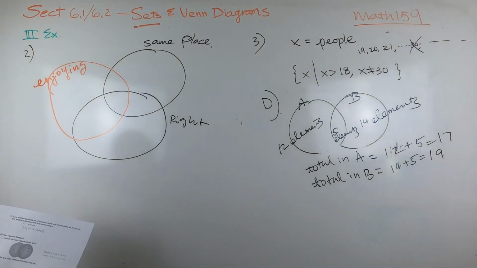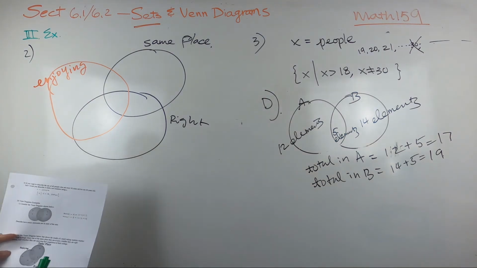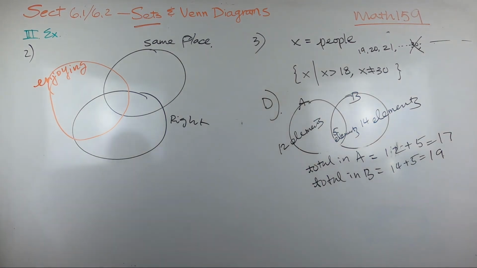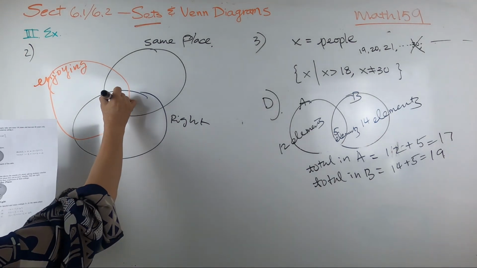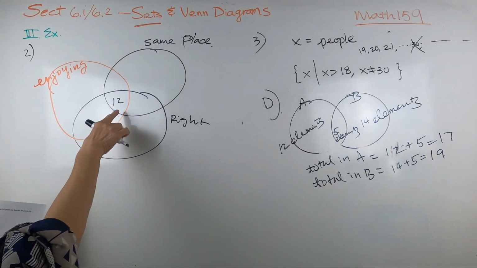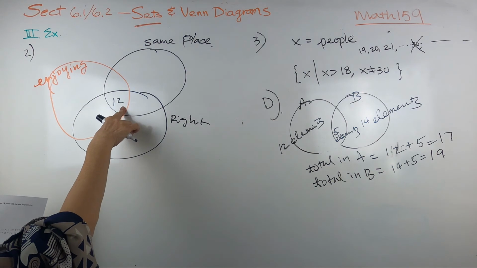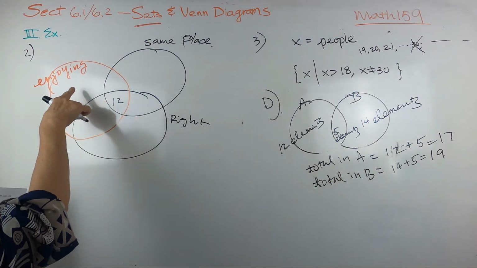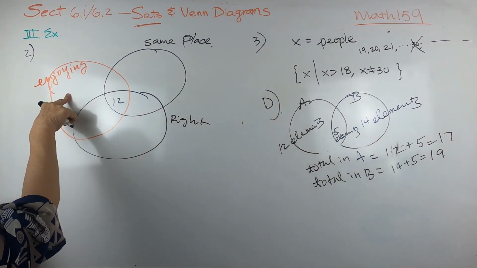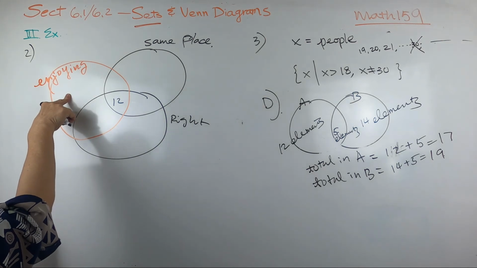So let's see. They also show you some examples. Show you some numbers. It says 12 here. That means you have 12 persons enjoying the class, enjoying their experience.